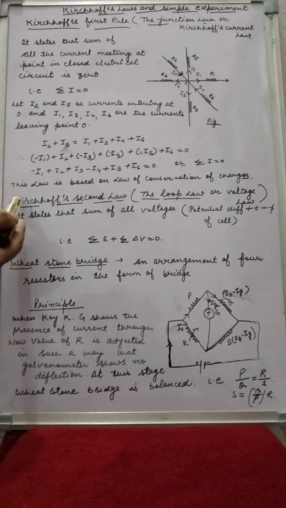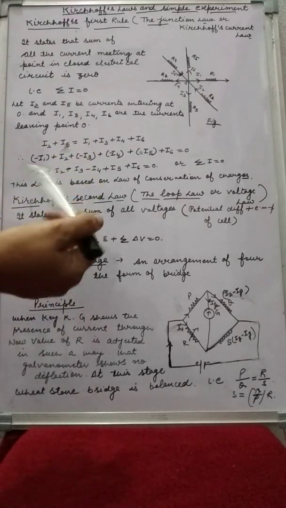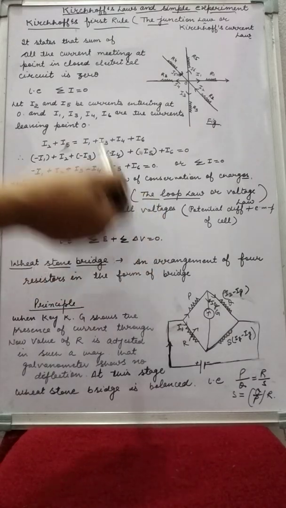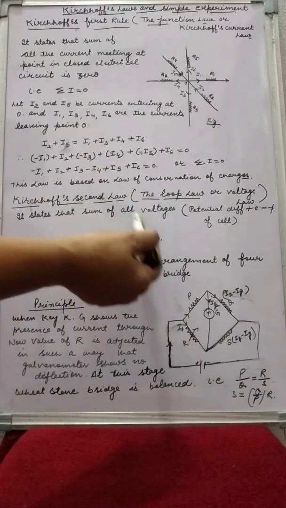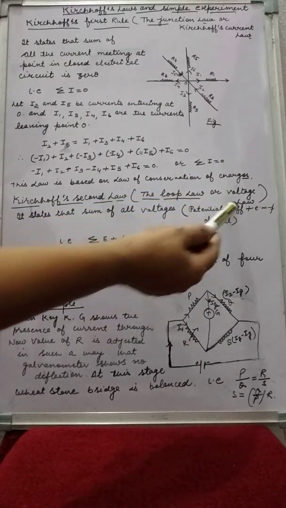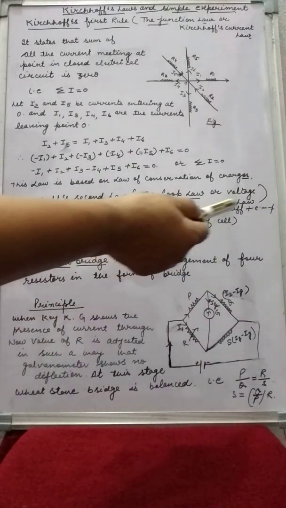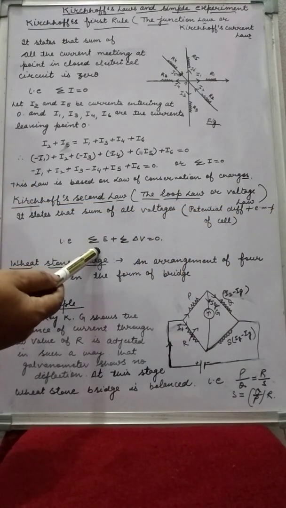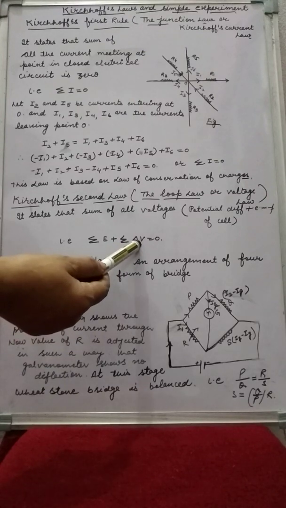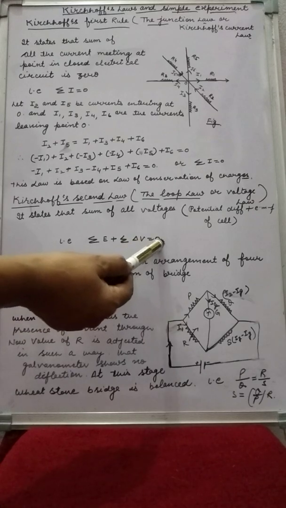Now next is Kirchhoff's second law. What is Kirchhoff's second law? This law states that the sum of all the voltages, meaning potential differences plus the EMF of the cell, that is summation E plus summation delta V, the potential difference, is equal to 0.